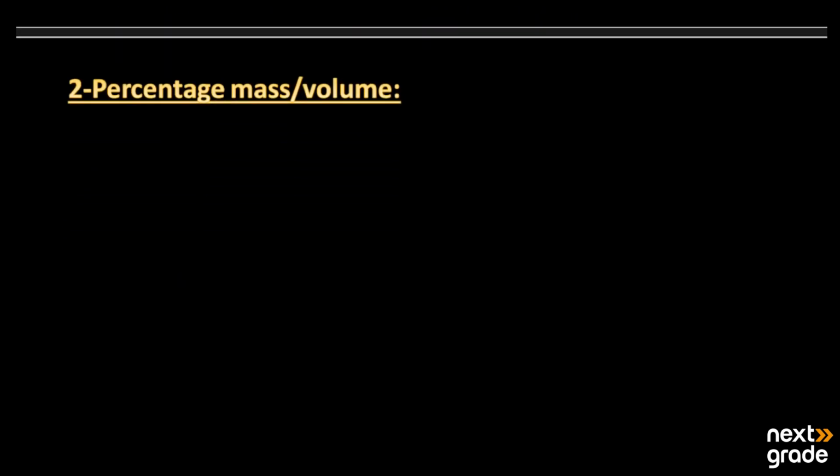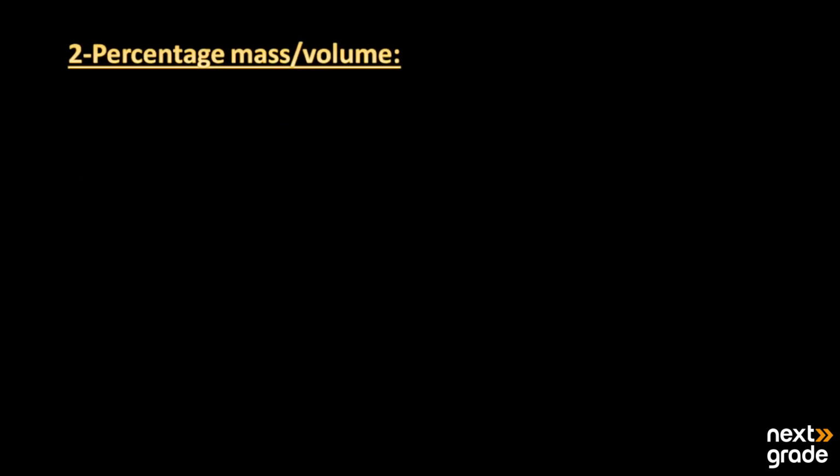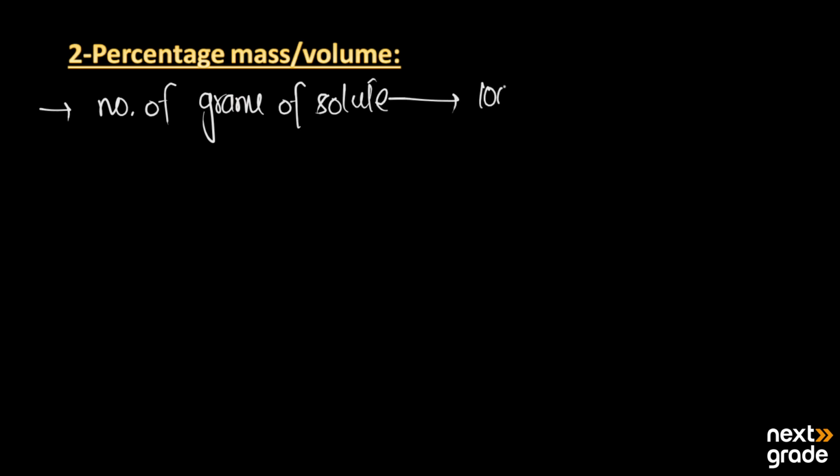Next we have the second form, which is the percentage mass by volume. Percentage mass by volume means the number of grams of solute which is dissolved in 100 centimeter cube of the solution.